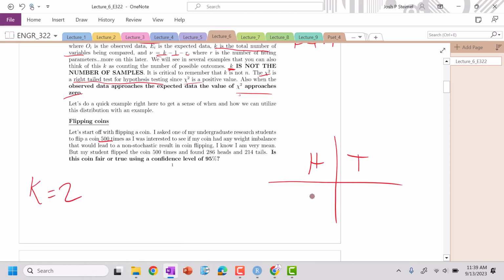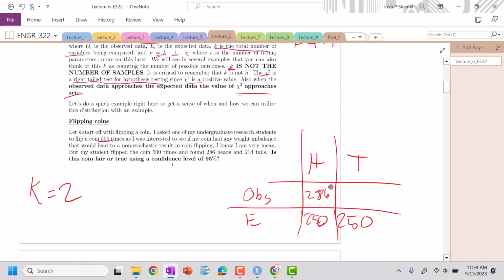If I look at my observed over the expected, if I do it 500 times, if it's a true coin, I would expect 250 heads, 250 tails, because they're equally probable. But my student finds 286 heads and 214 tails. Is this coin fair or true using a confidence level of 95%?